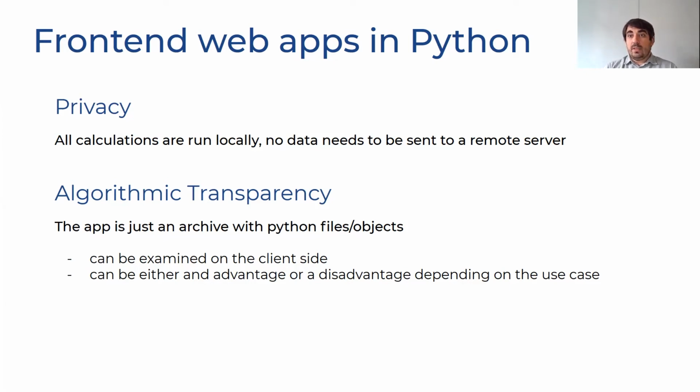And so you can easily examine it on the client side. So if you go to a website that uses such an app, you can just examine what's happening, whether there's code used, etc. And so this is good for transparency, but in other use cases that can also be a bit problematic if you want to protect your private information, or some knowledge about what is done in the code, etc.